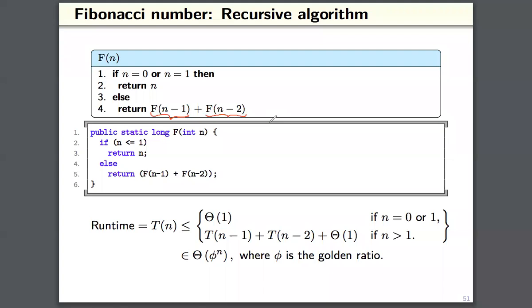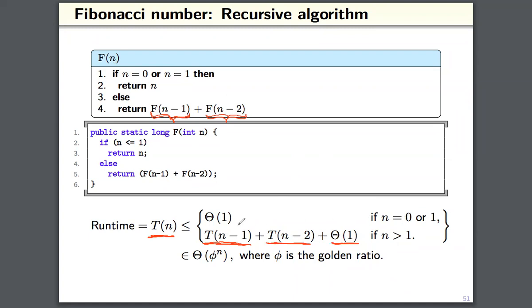Okay. So how do you write the time complexity of this? Let T of n be the running time of this algorithm. Then the running time f of n is the running time of this subproblem and the running time of this subproblem, plus some constant number of operations here, if n is greater than 1.